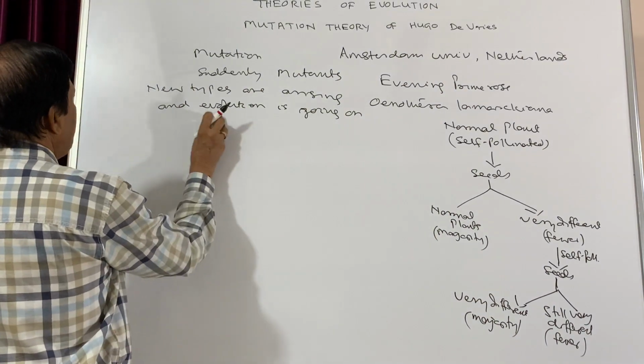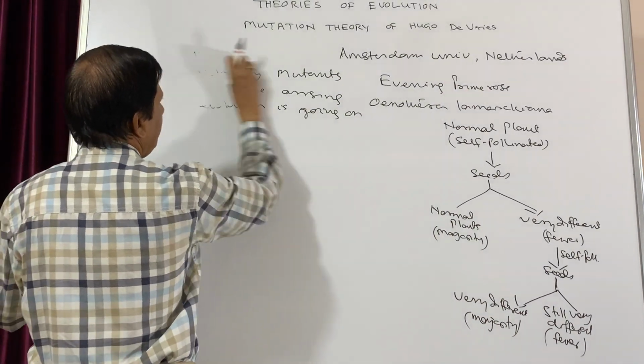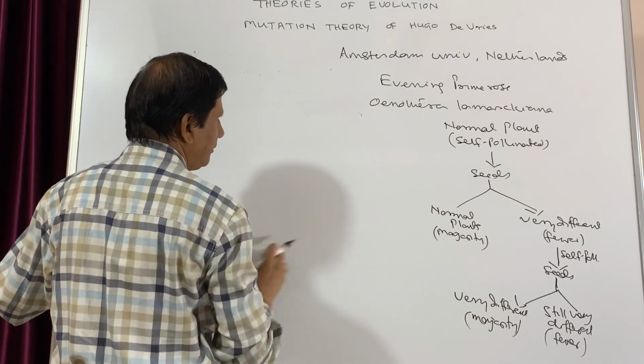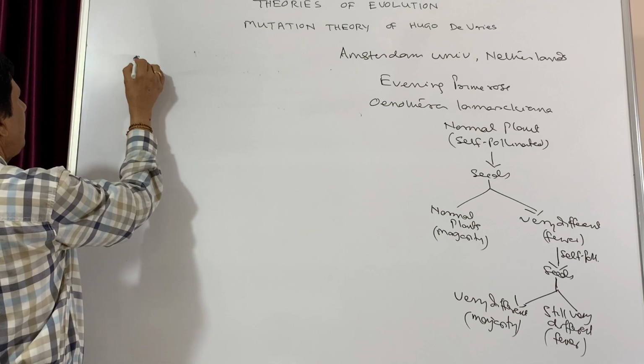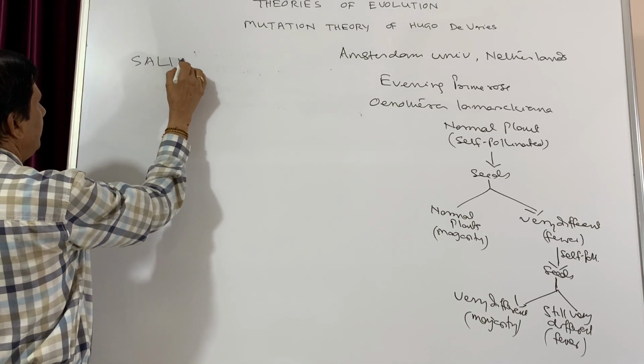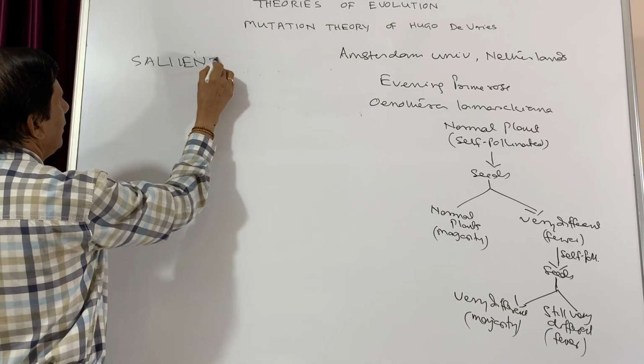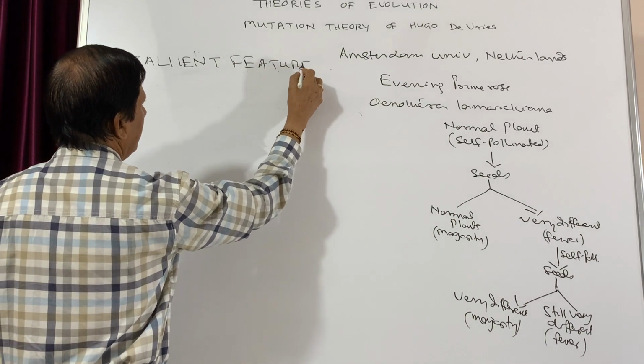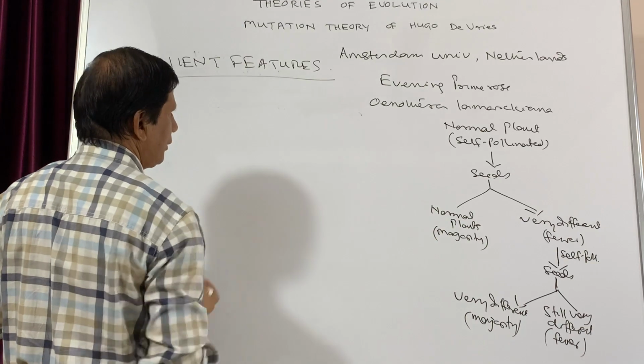Now the mutation theory given by him had certain salient features, and we will discuss them one by one. So what are the salient features of mutation theory?